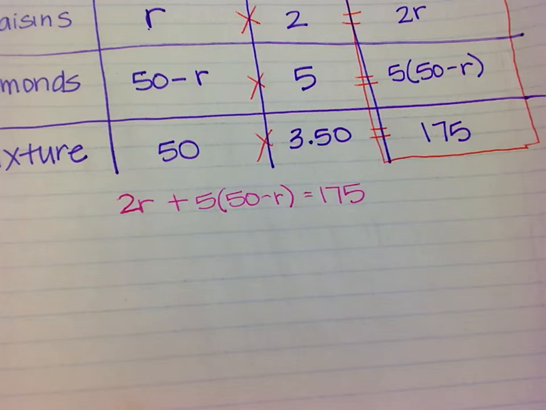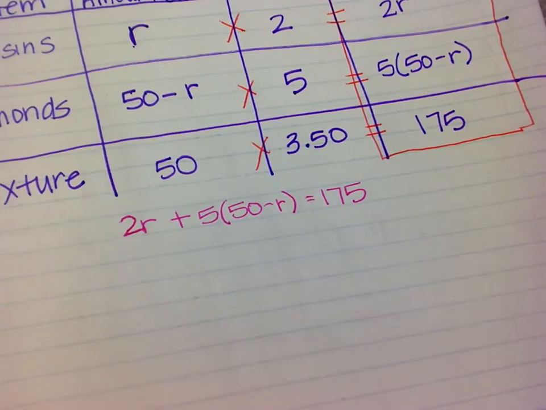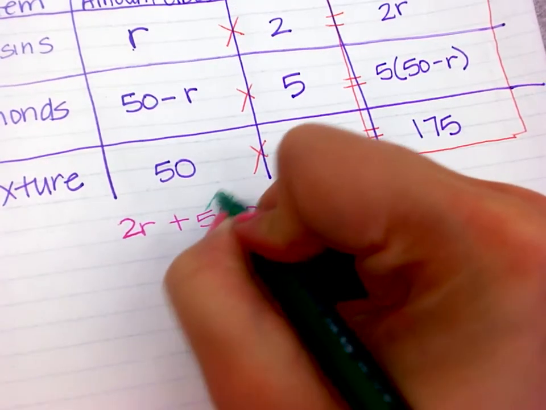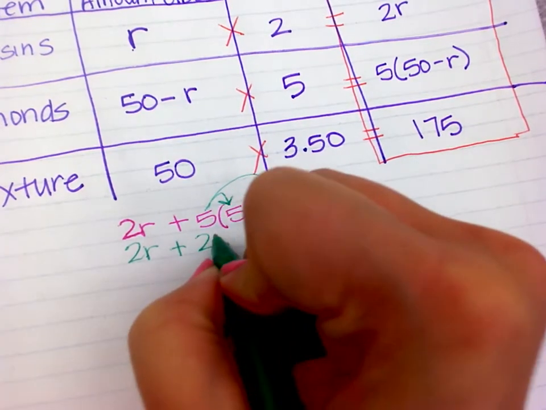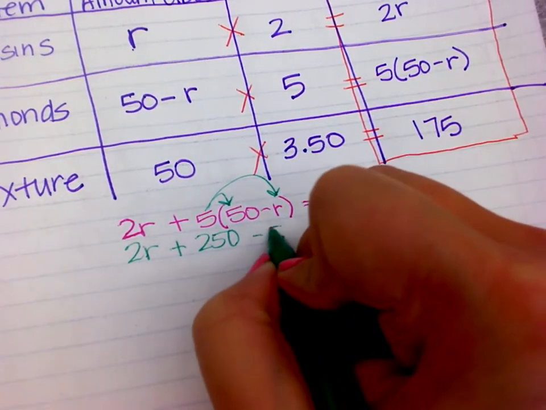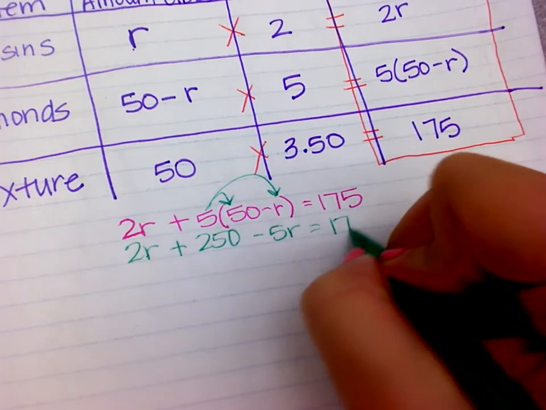Make sure you both get to the same very first step. You should have distributed. Good. You should get 2R plus 250 minus 5R equals 175.